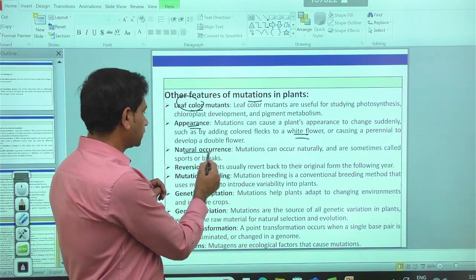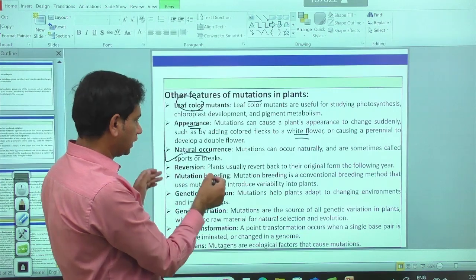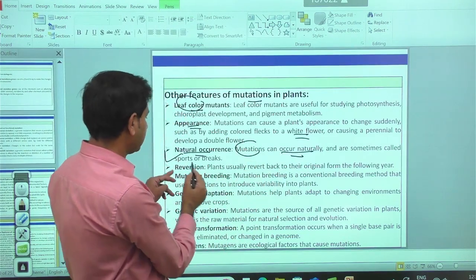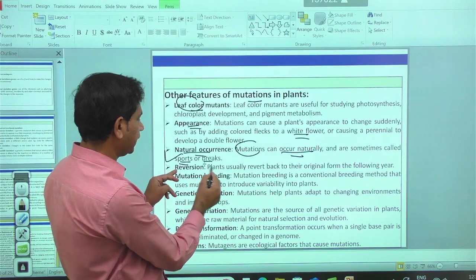Then natural occurrence. It occurs naturally in nature. Sometimes the naturally occurring mutations we have are also called sports mutation or Briggs mutation.